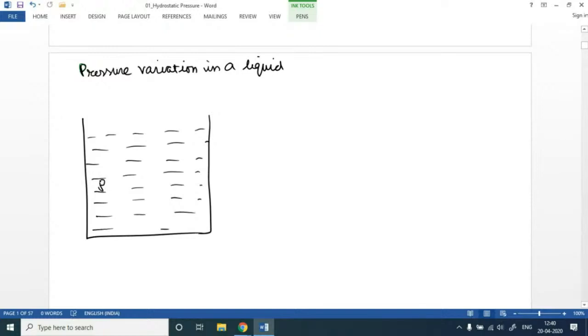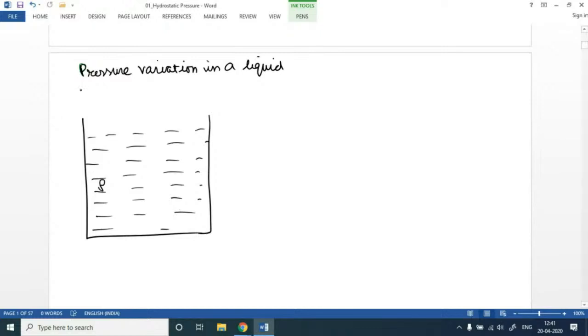Under the heading of fluid statics, we will be assuming that this liquid is in some container and is static with respect to the container. The container itself might be moving or accelerating as well, but the liquid with respect to the container is going to be at rest. We are going to deal with all those situations.